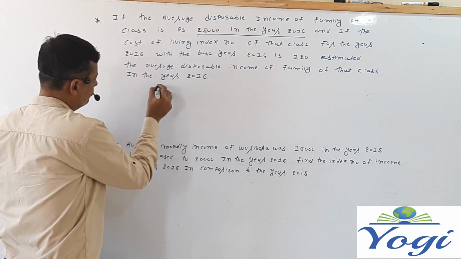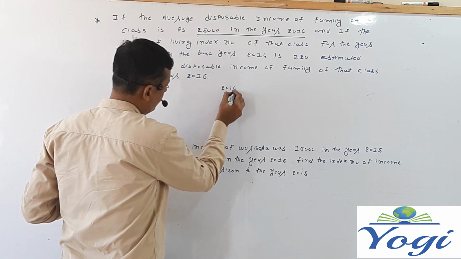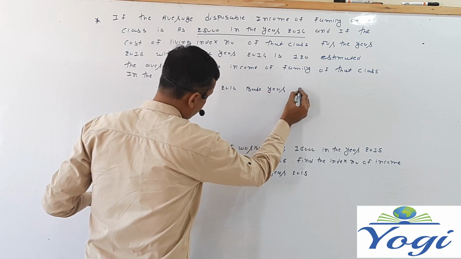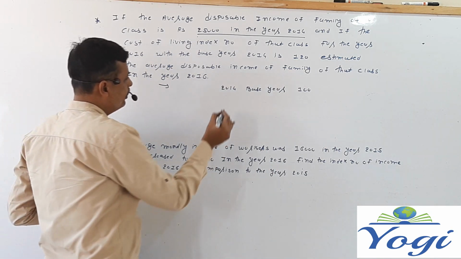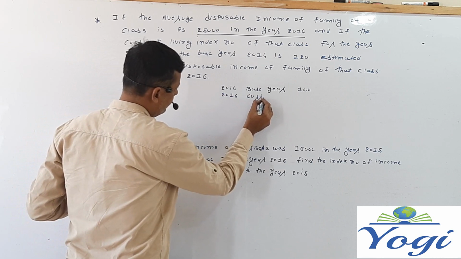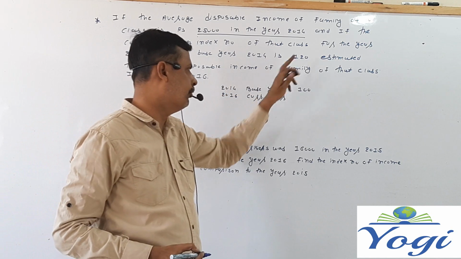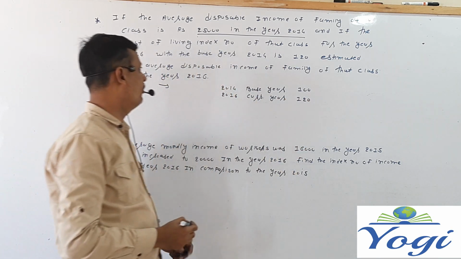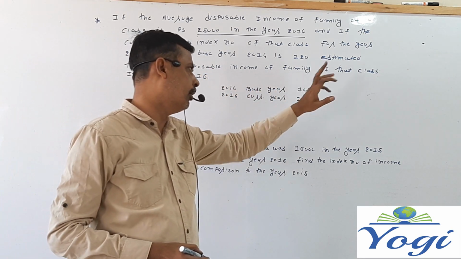So 2014 is our base year, and base year index is always 100. And 2016 is the current year, and index increased to 120. Here we have to find the average disposable income of a family of that class.